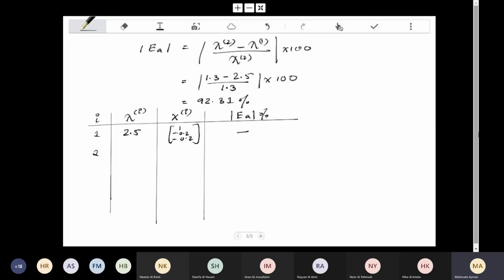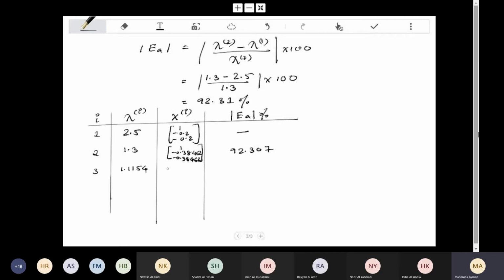Then when we took i equal to 2, we got the second lambda as 1.3 and the vector as 1, minus 0.38462, and minus 0.38462. And the error percentage we got is 92.307%.